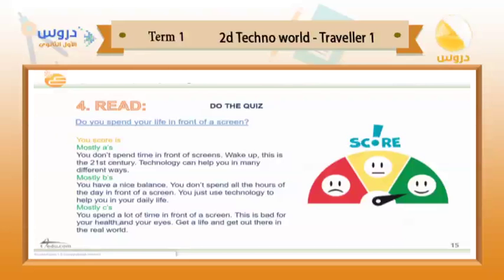This is bad for your health and your eyes. Get a life and get out there in the real world. This is the worst answer. If your answers are mostly C, that means you have to take care of your health and your eyes, and try to stop watching so much TV or downloading information from the internet or using your mobile phone. It could be really bad for your health.